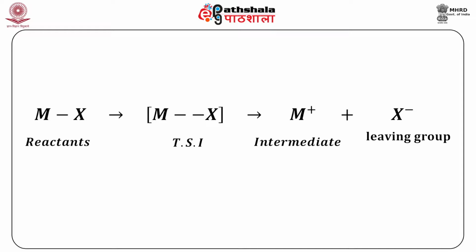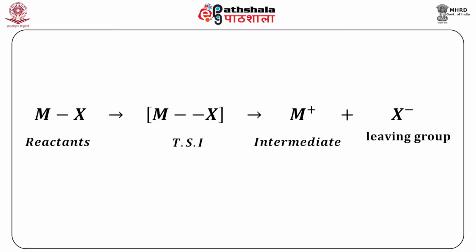This kind of case we generally get where M has higher steric hindrance, and therefore the bond between M and X becomes weaker. So, when we supply the energy, MX breaks to form intermediate M+ and leaving group X-, and in this process they both get steric relaxation.